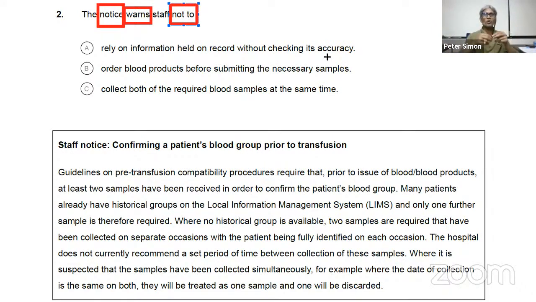How can you order blood products before submitting the necessary samples? They submit the samples, then they'll check, then they will issue. How can you order before? They should confirm that this is the sample that is required. Based on this sample, they need the product, right? Collect both of the required blood samples at the same time. Same time you are collecting, it is equal to the same. No, how are they different then?